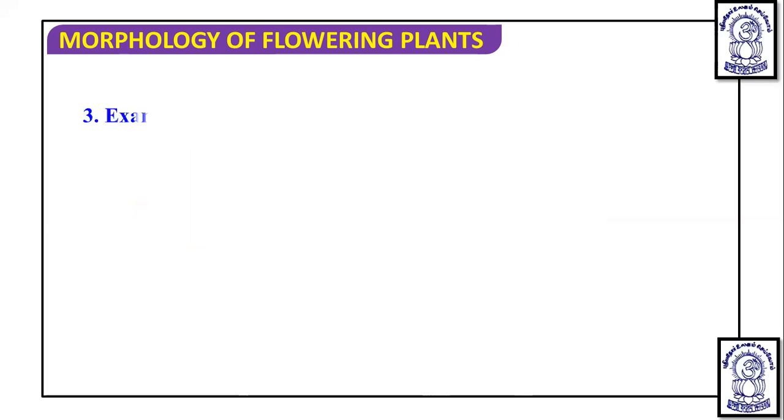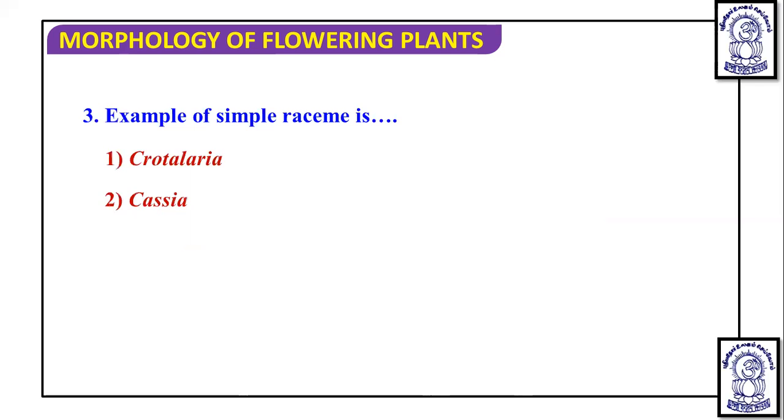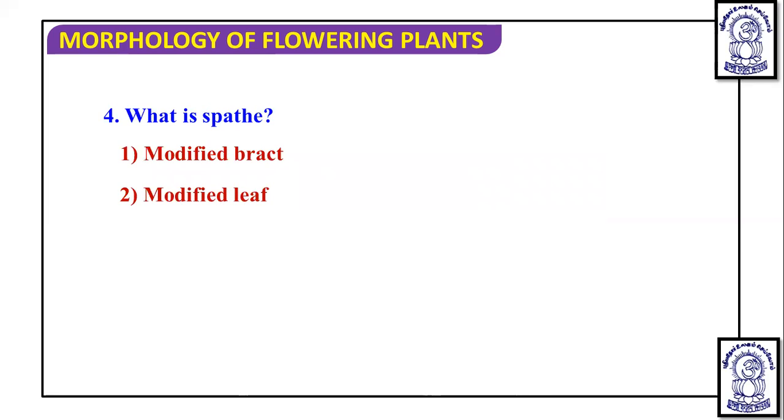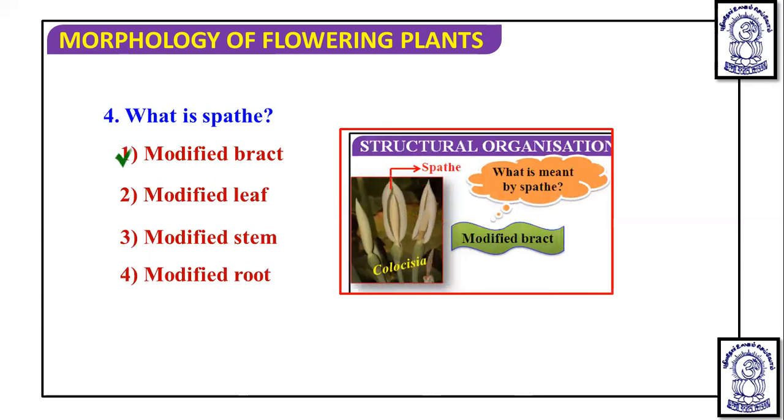Okay. Then what is the example of a simple raceme? Crotalaria shows the simple raceme, as we have seen. What is spathe? We studied the spathe in the spadix inflorescence, and there we studied that it is a large colored modified bract, a fertile bract.